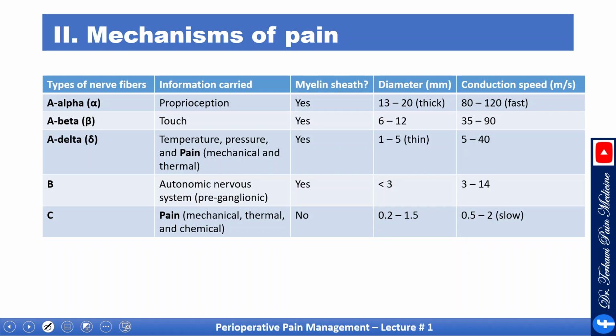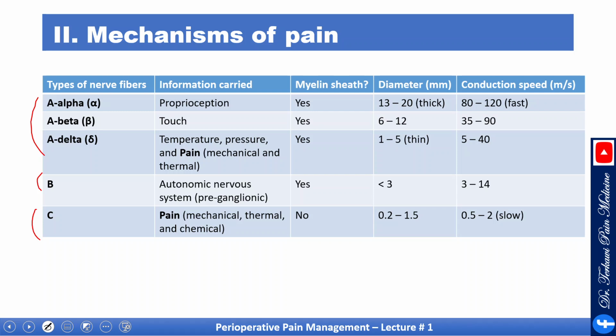Nerve fibers can be divided into A, B, and C. The A fibers can be subdivided more to alpha, beta, delta, and even sigma. I did not include sigma here.